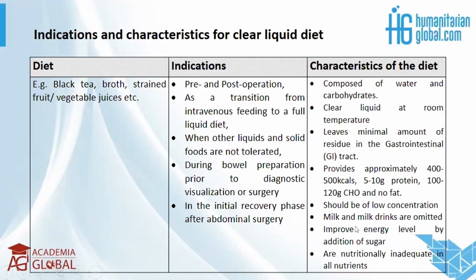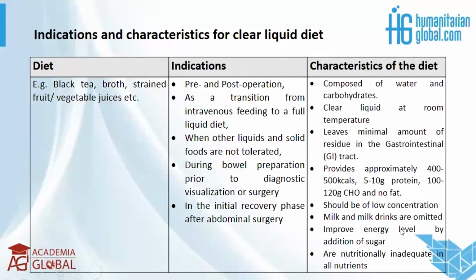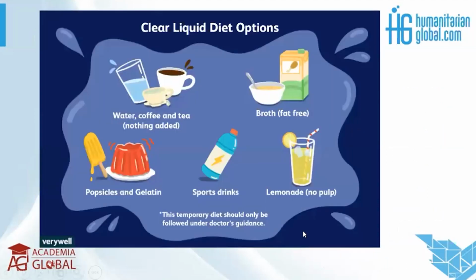You don't give milk or milk drinks. And to improve energy level, you could add sugar, that is pure sugar. And of course, we comment that it is nutritionally inadequate because it does not have all nutrients.